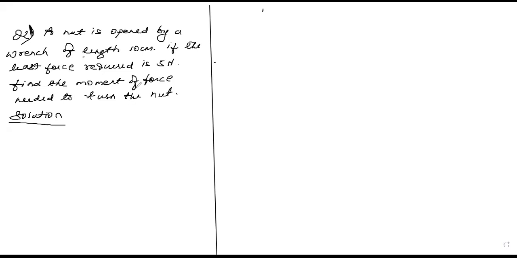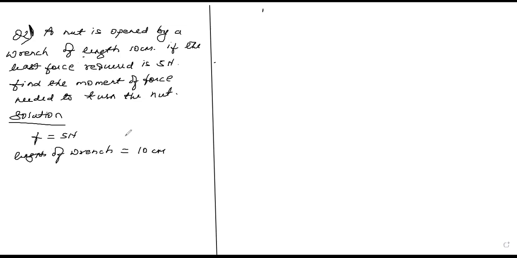So when you look at it carefully, children, force F is equal to 5 Newton. And this length of the wrench is nothing but your distance from the axis of rotation. I'll call it the length of wrench only, because the question is on length. How much is it? 10 centimeter.